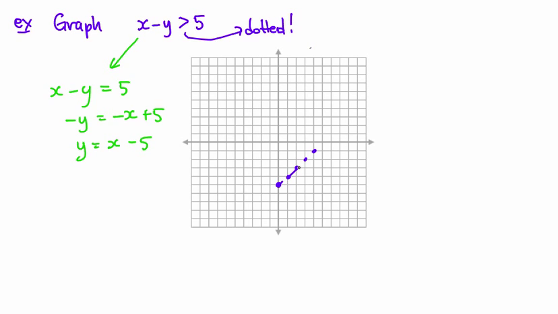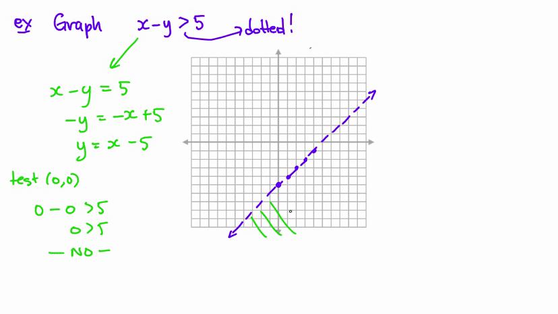So make it look like a dotted line. Still go to the edge of the plane, add arrows, and test a point. So 0, 0 is really nice if you can test it if it's away from the line. 0 minus 0, is that less than 5? Is 0 less than 5? No, that's false. So this is not part of the solution, which means the solution is on the other side of that line.